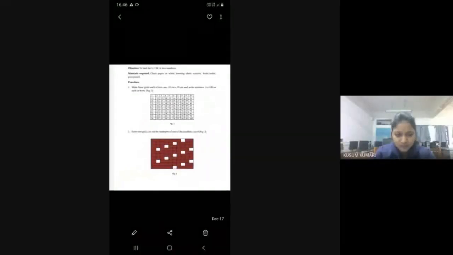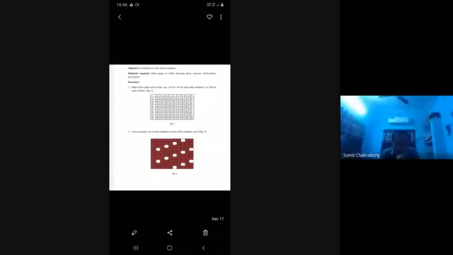So first of all, we have to make a grid of numbers from 1 to 100. After that, we have to cut the multiples of 8, that is 8, 16, 24, 32, 40, 48, like that, up to 100.